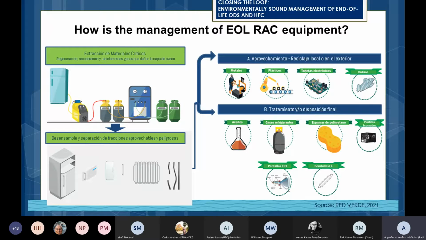There are instructions on how to dispose of them, either through reuse or through treatment for the final disposal. So there is disassembly and separation of the different fractions to be used, and we separate the hazardous waste, and then we use the different alternatives for the final disposal and environmentally sound management. Next one.